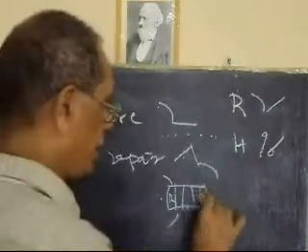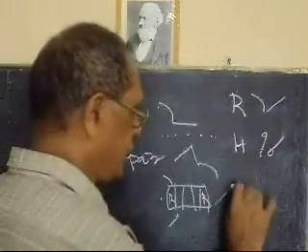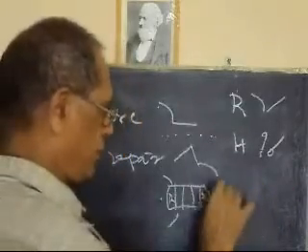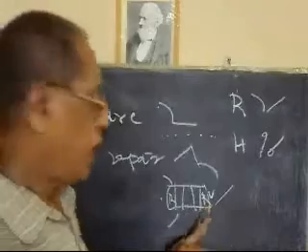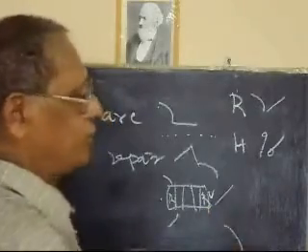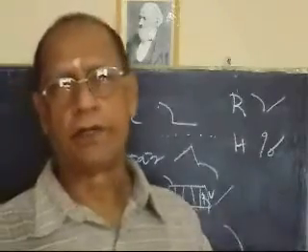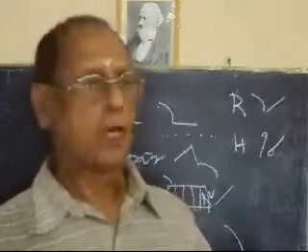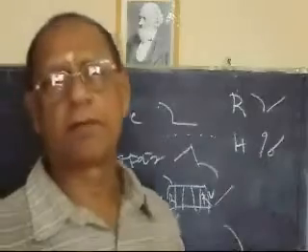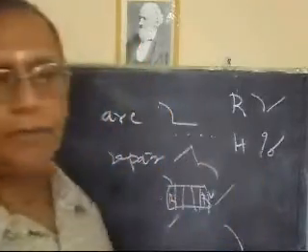Similarly, final R is written upward if a vowel follows, and downward if no vowel follows. Before M, R is written downward. So these are the simple rules at present. Then he.